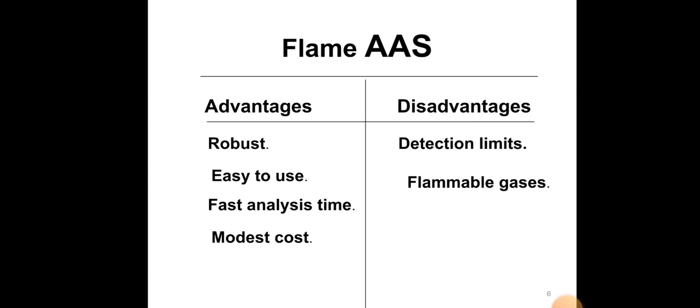It is a robust method. Its use is easy with fast analysis time. It's a fast method and modest cost. It is not so expensive, but it has some disadvantages. For example, its detection limit is not very low. It is usually in the ppm level, and we use flammable gases that can potentially be dangerous.